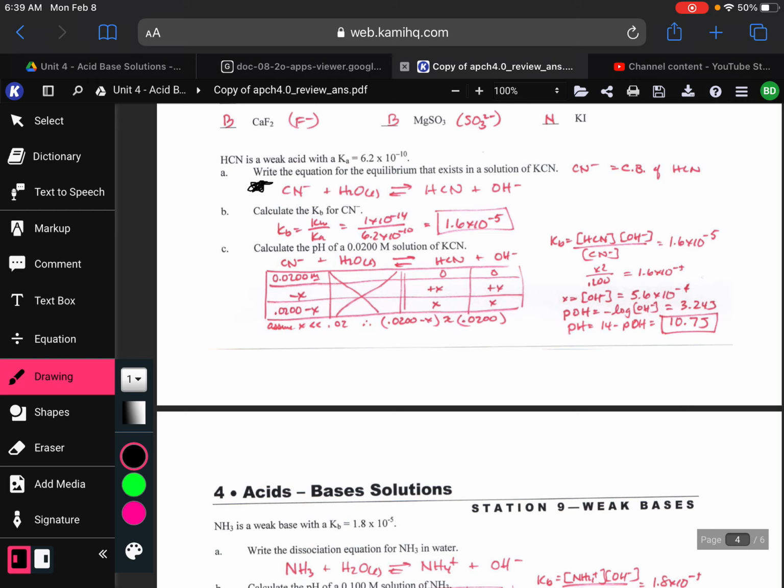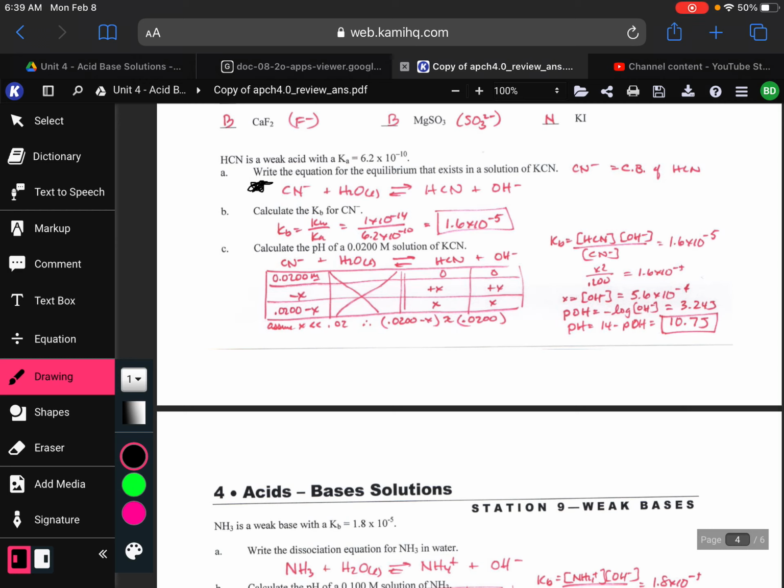So what you did was you took the Ka of hydrocyanic acid and you plugged it into the equation where Ka times Kb equals Kw. You could have also worked it through the pKa's, but that would have been an extra step anyway. So then they have you calculating the pH of a 0.02 molar solution.